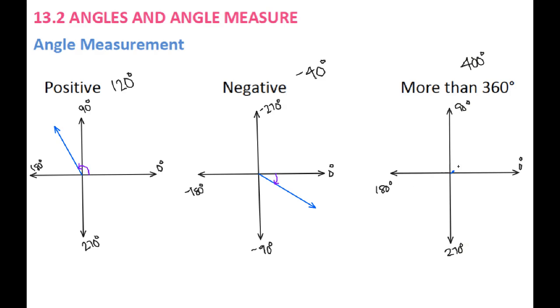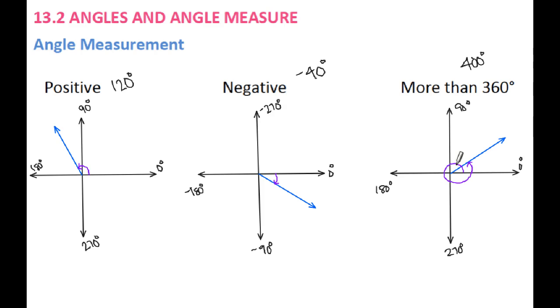So my extra 40 degrees is in my first quadrant. And then to indicate that I went a full rotation and then some, I'm starting at my positive x-axis, doing the full rotation, and then I'm going the extra 40 degrees. So this little swirl indicates that you went something bigger than 360 degrees.